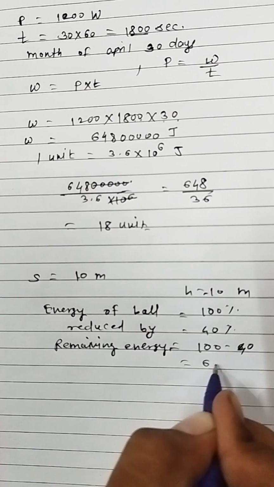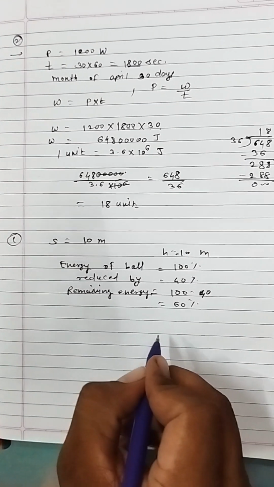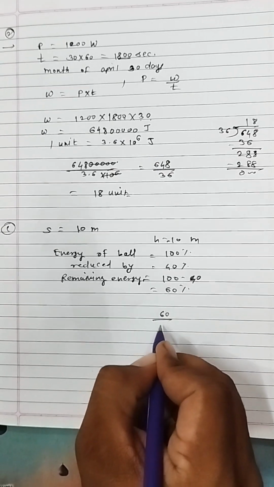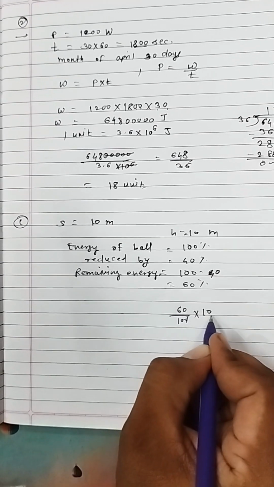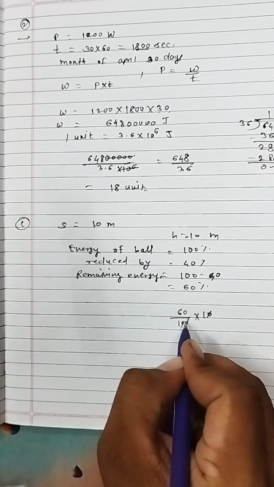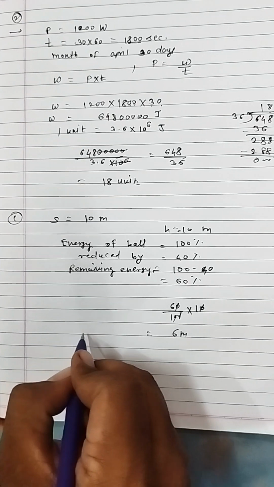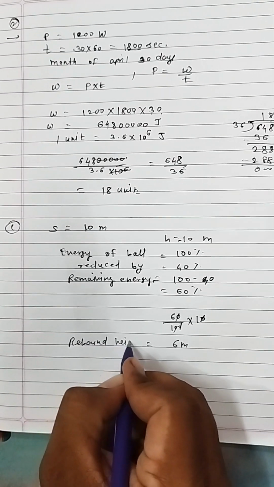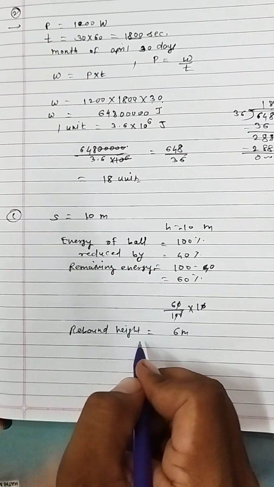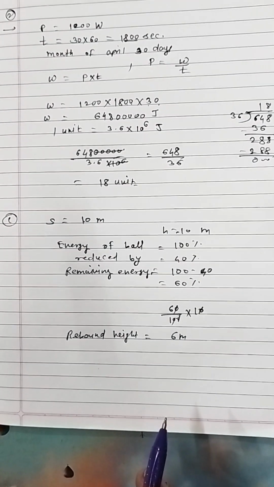Now when the energy is 60%, then the height we can take as 60 upon 100 multiplied by 10. So this will be cancelled. Then what will be there? 6 meter. So the rebound height will be 6 meter. Understood? So we will get the answer like this.